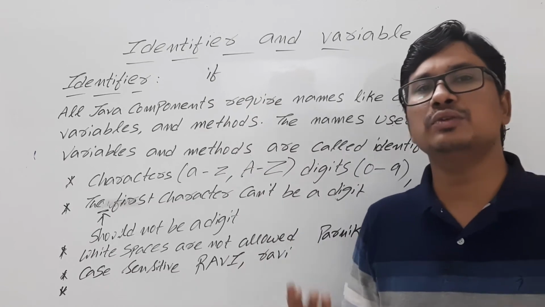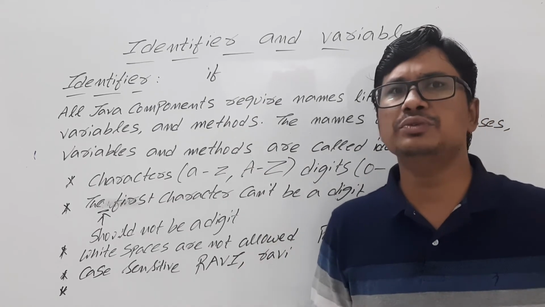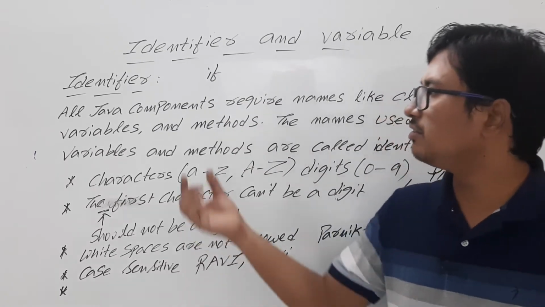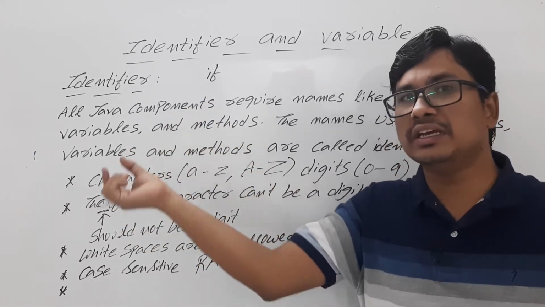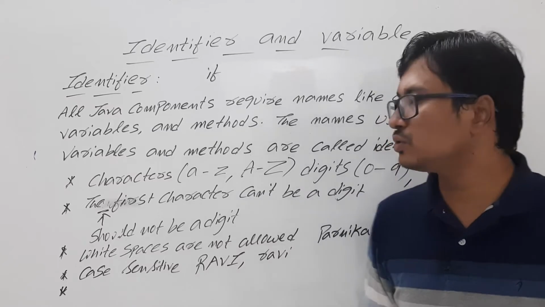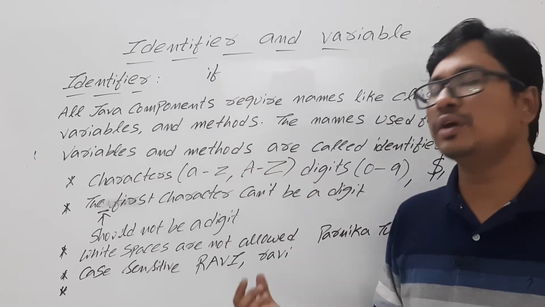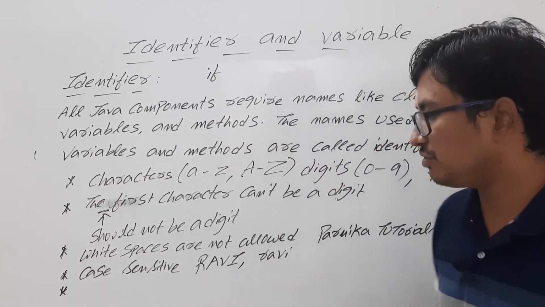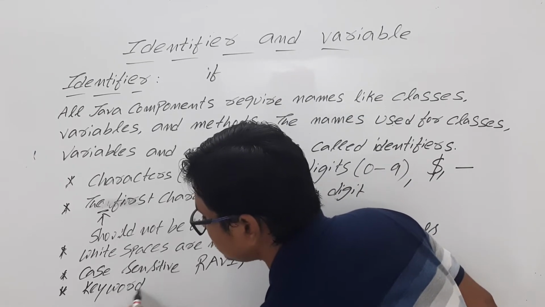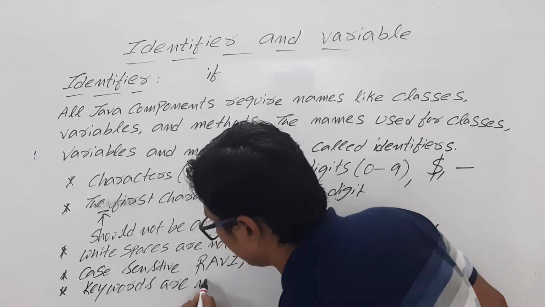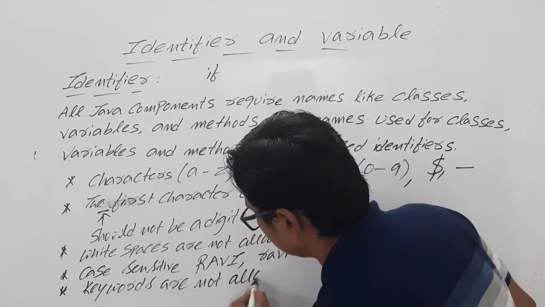Similarly, if you are using a for loop, there you will use a keyword called for. Similarly, for writing a class, you will use the word class, so class is a keyword. Such keywords you cannot keep as an identifier. Keywords are not allowed.